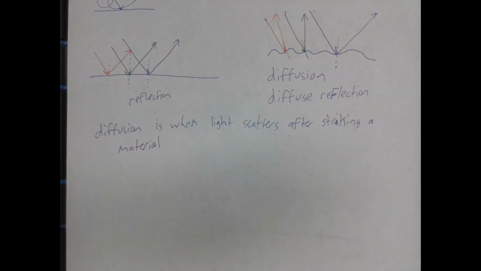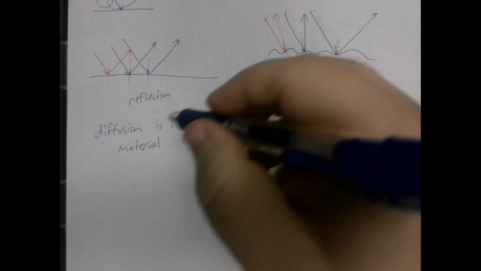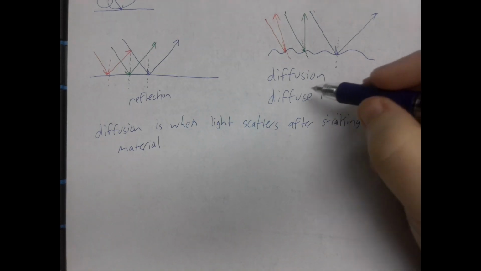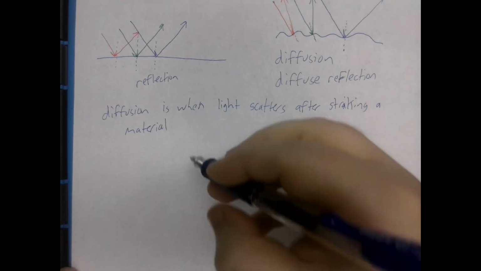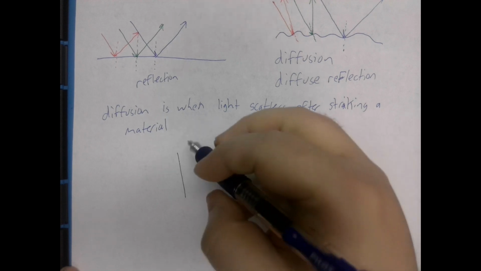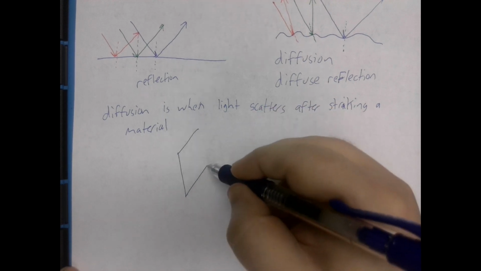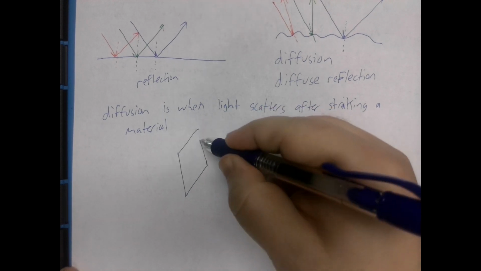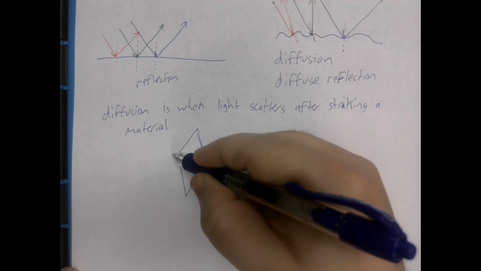This doesn't have to be just reflection. For example, wax paper was the example we used in another class. Have you ever seen wax paper, how it was cloudy?